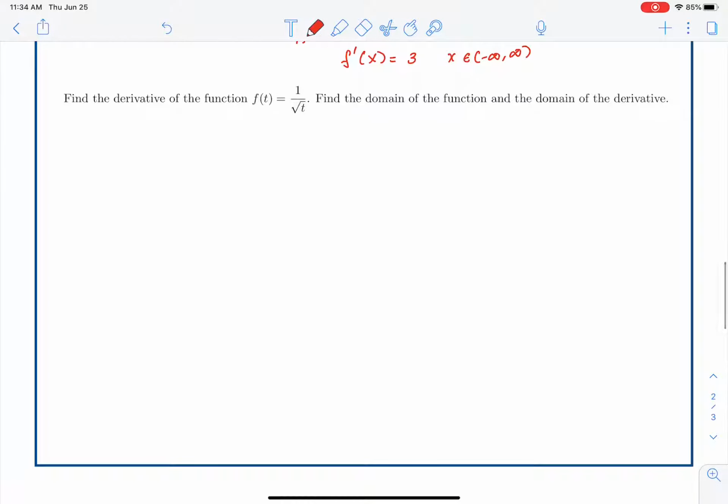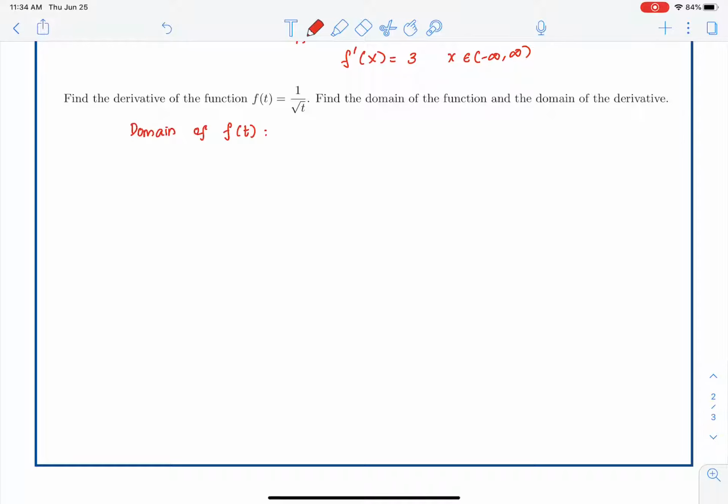Now here is another example where we have f of t equals 1 over square root of t. So first thing we have to do is find the domain of f of t. We cannot plug in 0.